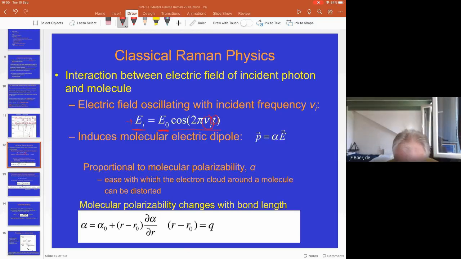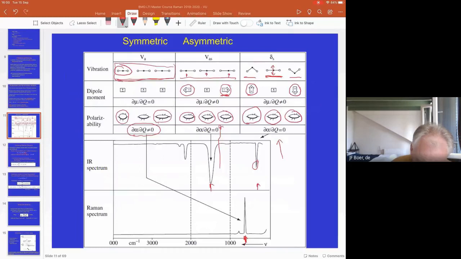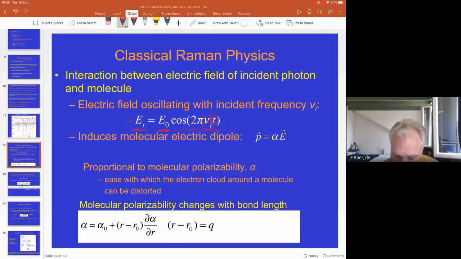This incident field induces a molecular electrical dipole in the molecule itself. With the dipole in the molecule, I mean that the electromagnetic wave distorts the electron cloud, puts it into motion, and then the charge in the whole molecule is not in equilibrium anymore, and we get a dipole moment. That dipole moment P is given by a constant times the amplitude of the incident field.